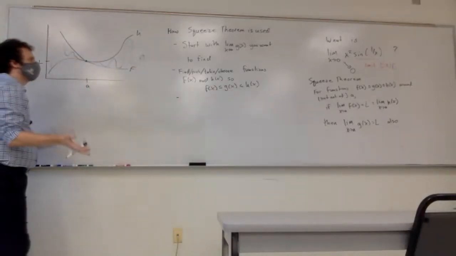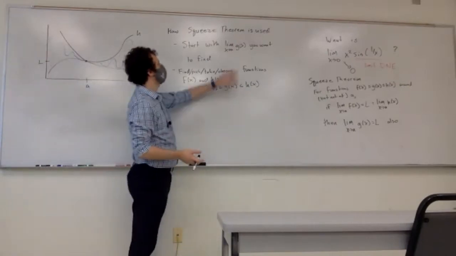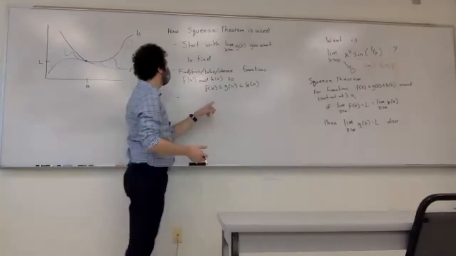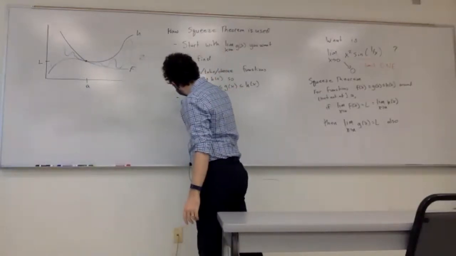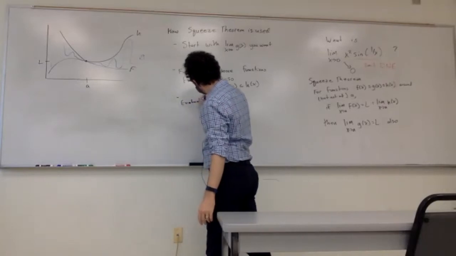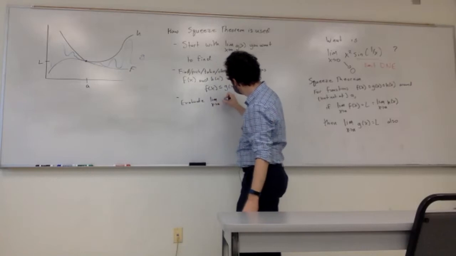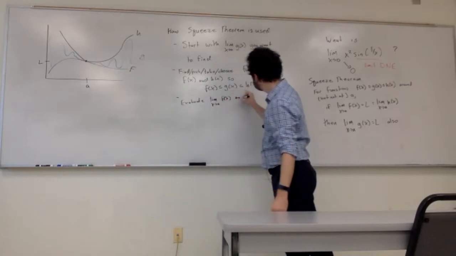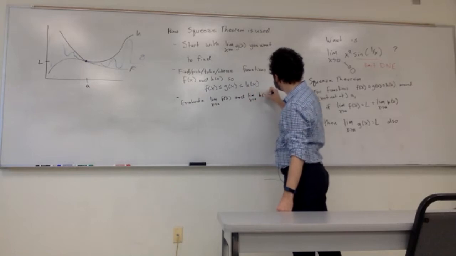Then you take some limits, but not of g. That's the hard problem we started with. Look at the outer two. So evaluate the limit as x goes to a of f of x, and the limit as x goes to a of h of x.